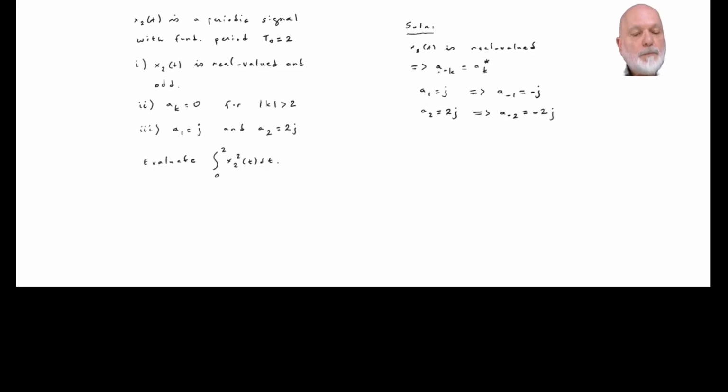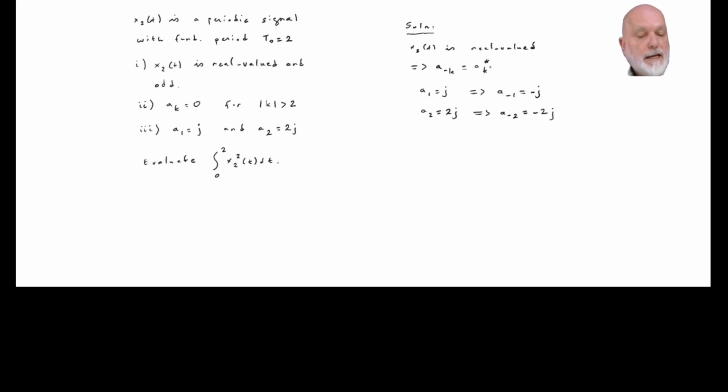And also by using the important result related to the Fourier coefficients of real value signals, a minus k is equal to ak conjugate, we are able to calculate a minus 1 and a minus 2 from a1 and a2.